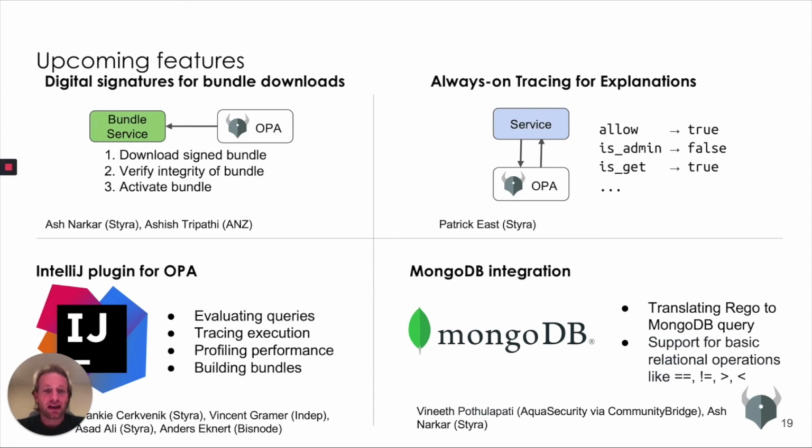The last one on this slide is a new integration with MongoDB. So the idea here is that there are a number of databases, SQL databases as well as Elasticsearch, where there's been some early work on taking OPA policies and compiling them or translating them down into the native query language for the database, compiling them down into SQL or Elastic's query language, so that you can write authorization policies about, for example, which fields within a database a user is allowed to see, and then compile them down and splice them into a query that's being sent to that database, so that it's the database query engine itself that is enforcing the authorization policy.